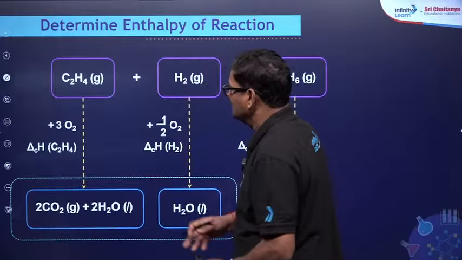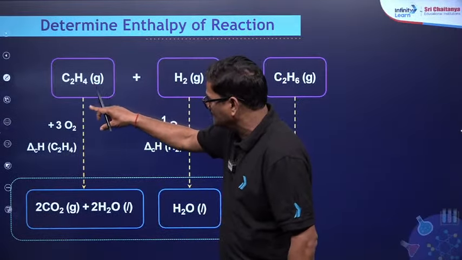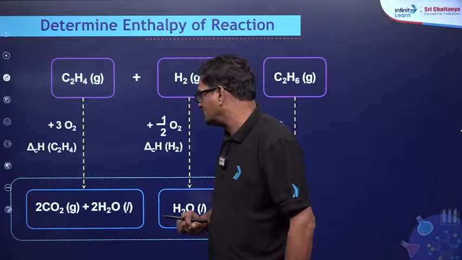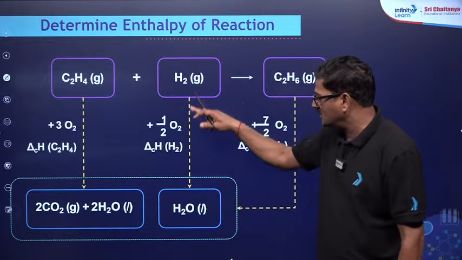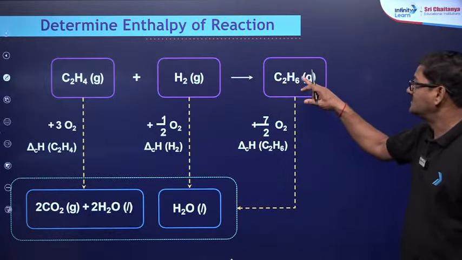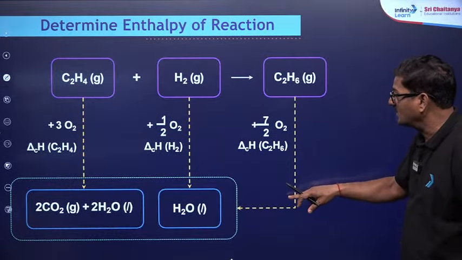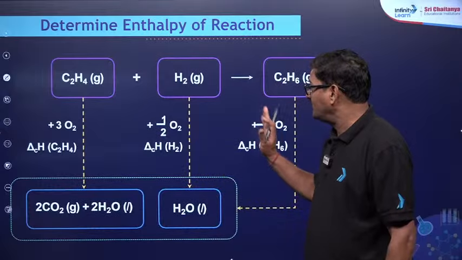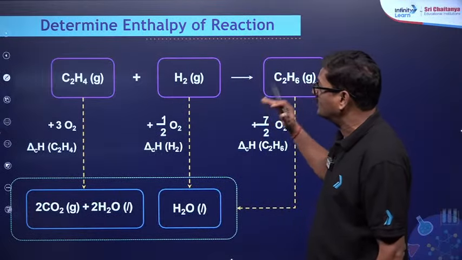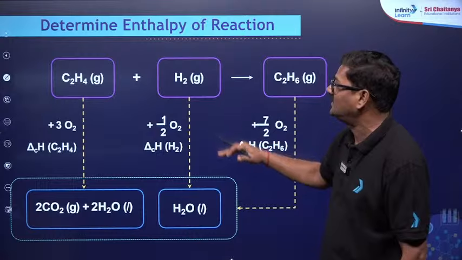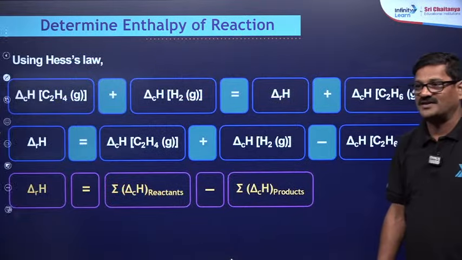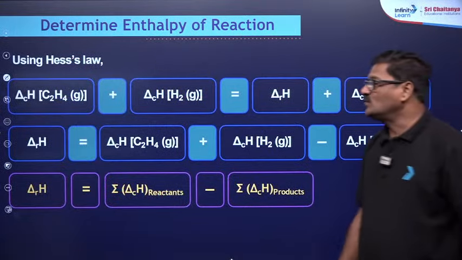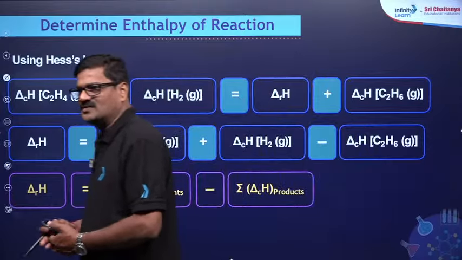And you can see C2H4 combustion gives you CO2 and H2O. H2 combustion gives H2O, and C2H6 combustion gives again CO2 and H2O. And from the difference between these combustion values, you can get this enthalpy of reaction. And using Hess Law directly you can use this.